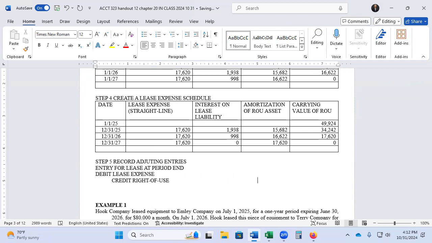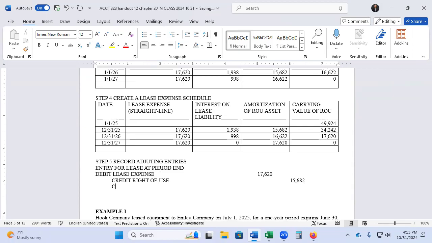And in this case, from this example, we have 17,620, and the right to use would be 15,682, and then a credit to lease liability of the 1,938.